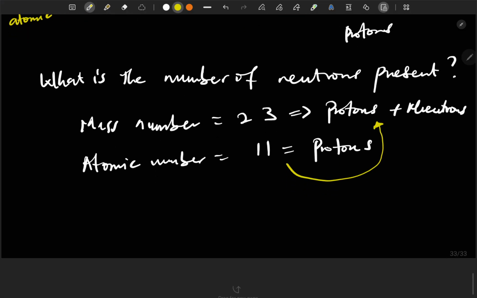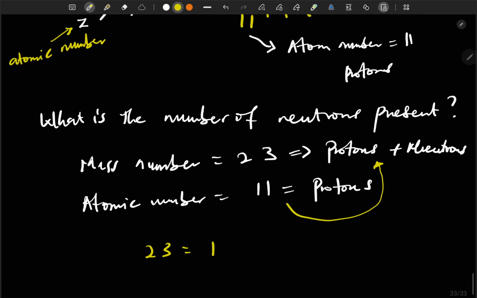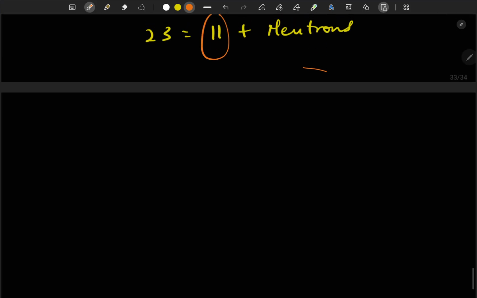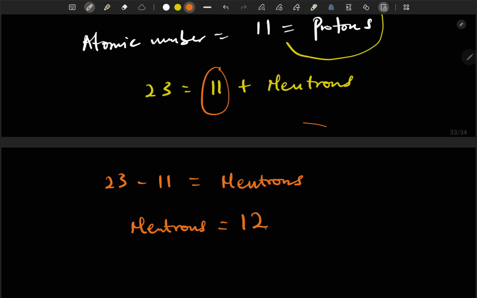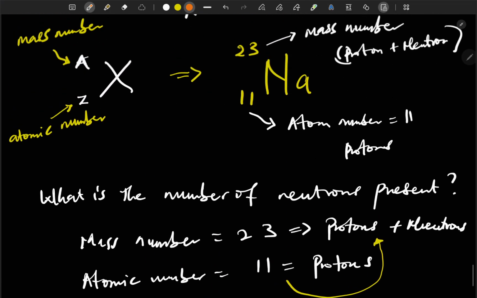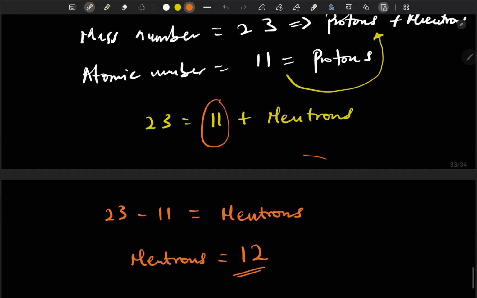So we are going to have 23 is equal to 11 plus neutrons. Then 23 minus 11 is equal to neutrons, so neutrons is equal to 12. Which means that the sodium atom has 12 neutrons and 11 protons. That is why the mass number is 23 in total. I believe you understand that.